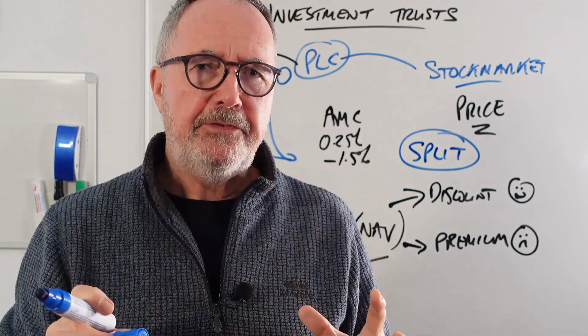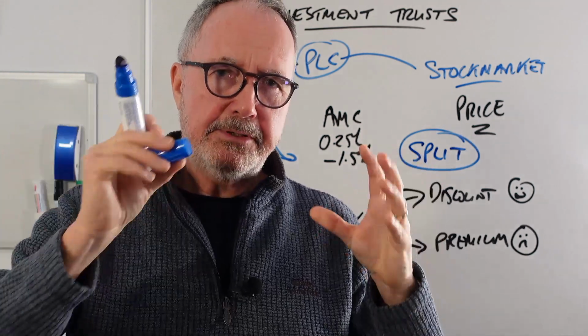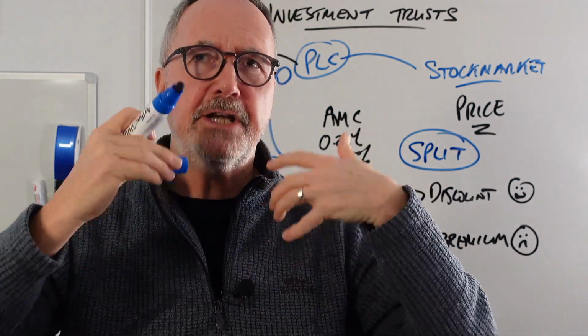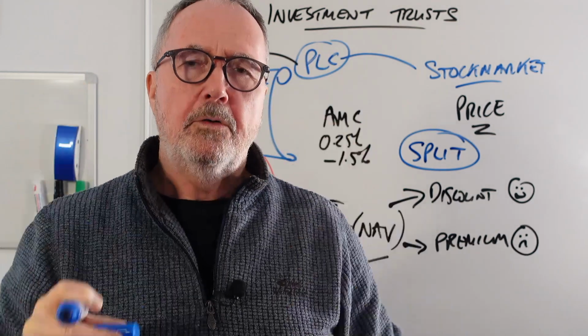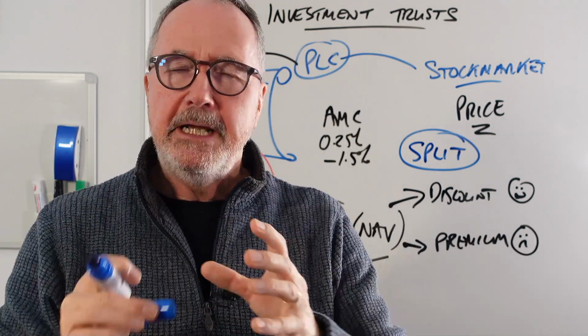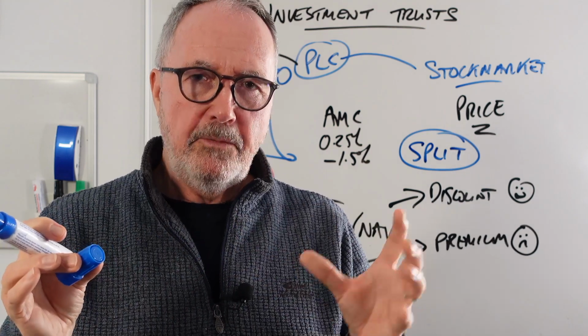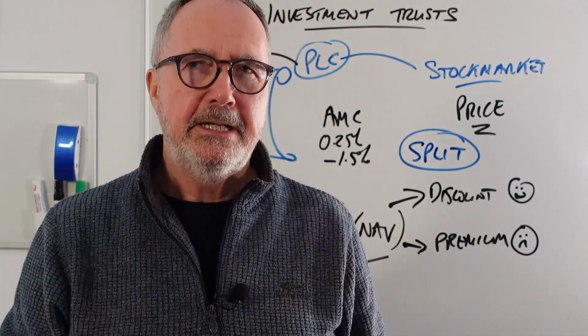And the way they work is that if you want to have all income, you have a split capital investment trust which pays just income and no capital gain. Alternatively, you might just want a capital gain, so it pays no income, it just gives you a capital gain at the end when it comes to maturity, when they pay out. That's known as a split capital investment trust.